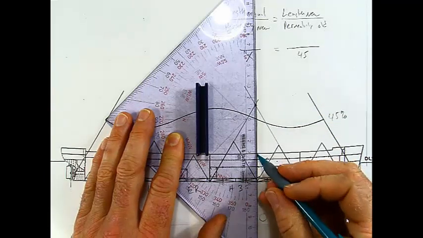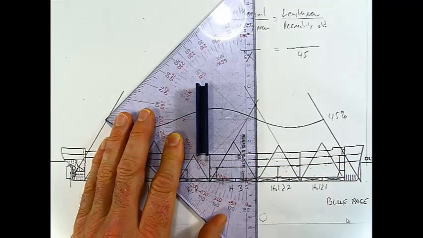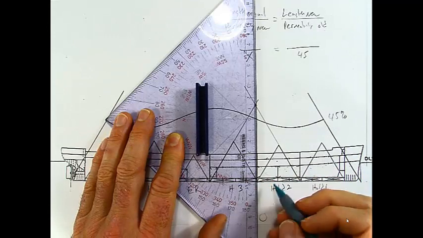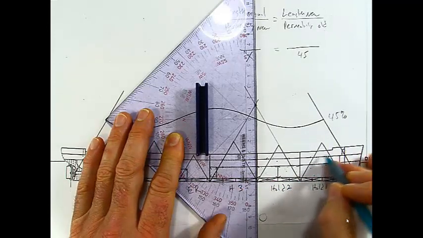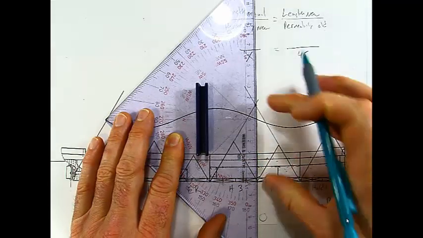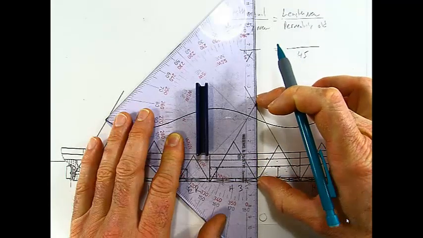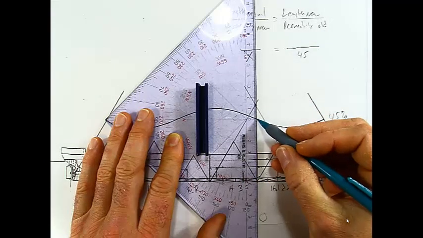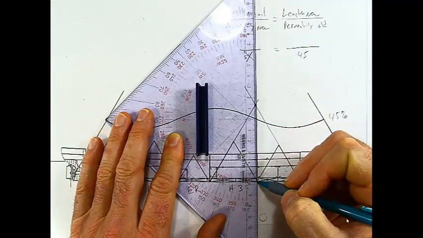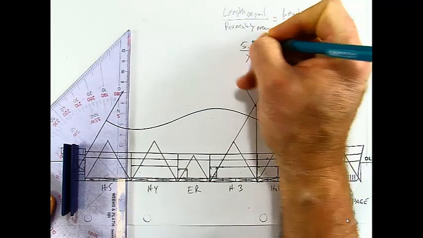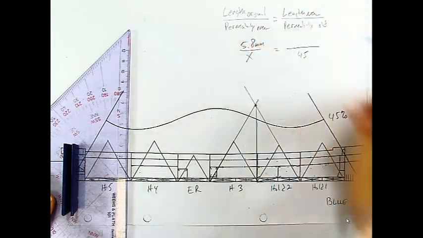You could use any one of these lines, but the baseline is going to be the most accurate for a couple of reasons. One is because it's straight; the deck looks curved here a little bit. The other reason is because it's a longer distance, so any error will be averaged over a greater distance. That looks like about 5.8 millimeters. So the original is 5.8 millimeters.